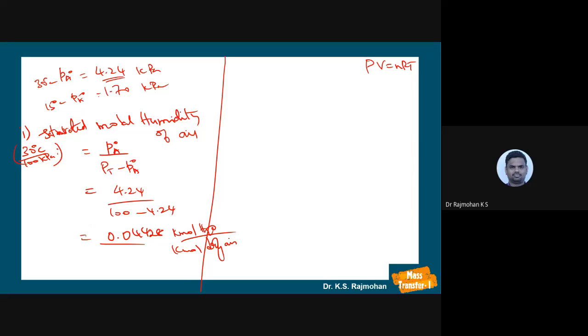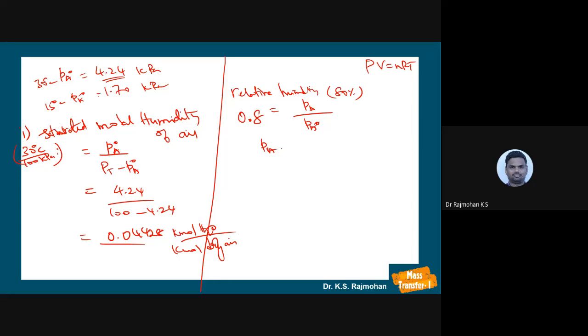And similarly, what is relative humidity? Relative humidity is Pa by Pa naught. The relative humidity is given as 80%. By the formula, partial pressure by vapor pressure is relative humidity. So 0.8 is equal to Pa by Pa naught.